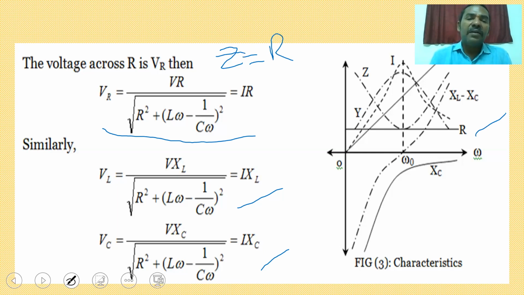Then the impedance can be represented as what? R plus jXL minus jXC.